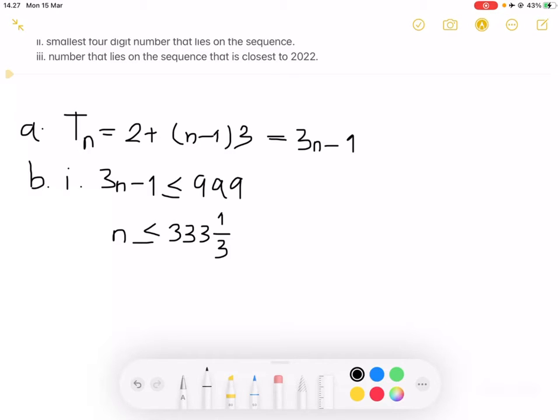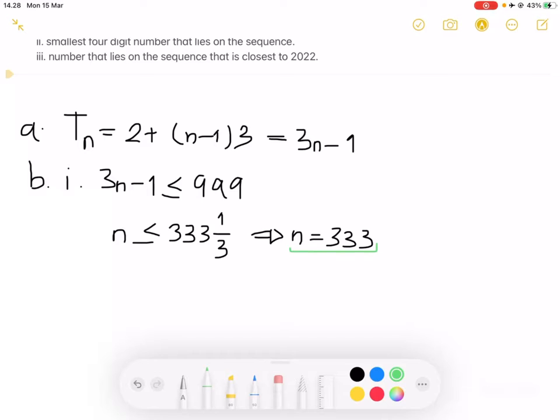From here, we can find the greatest integer solution for n, since we want the largest 3-digit number, which is when n is equal to 333. This is just the term number of when the number is the largest 3-digit number.